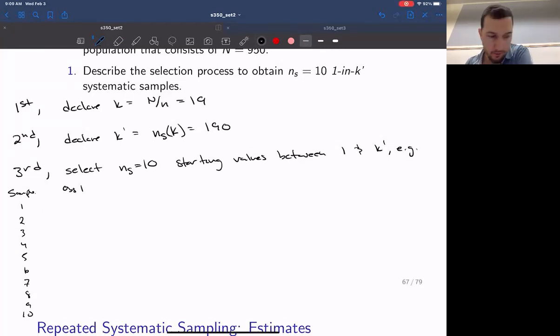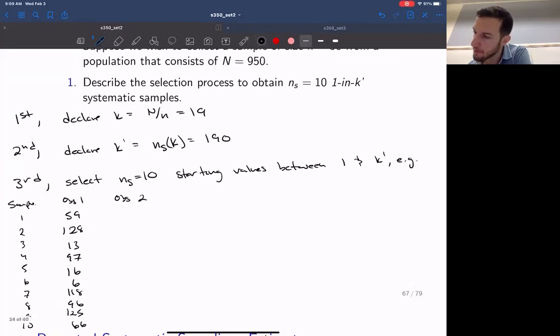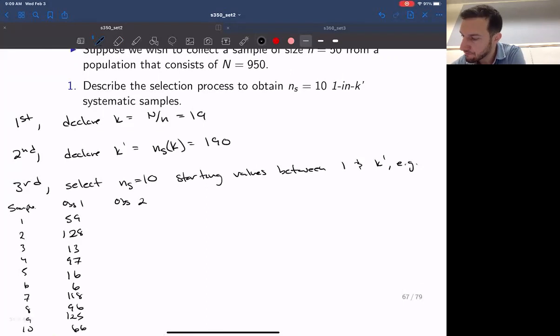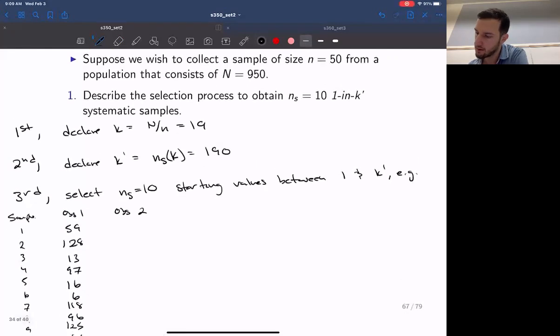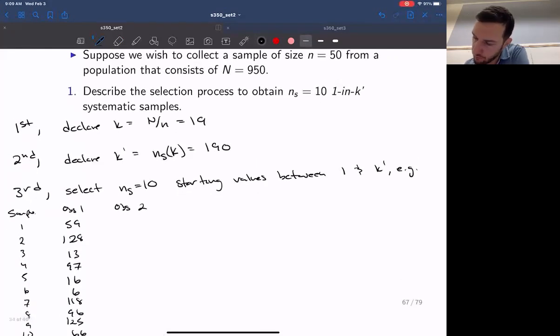So for example, you could have something like 59, 128, 13, 97, 16, 6, 118, 96, 125, 66. And then our second observation for each sample is going to be this plus 190 in that case. So for example, here you would have 249, right? And then you would just continue until you fill each of the available slots within the sample.